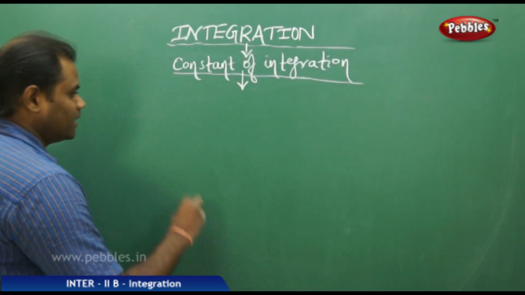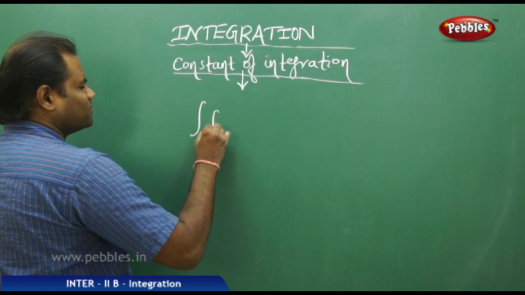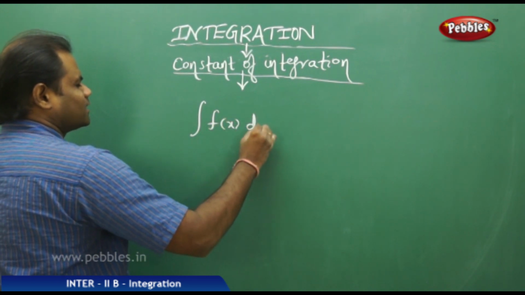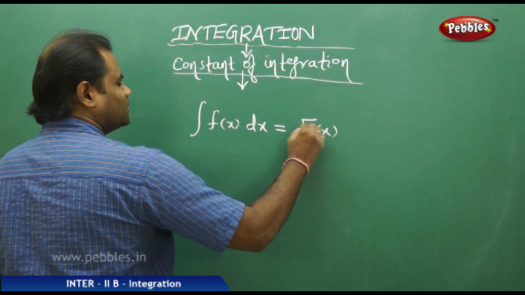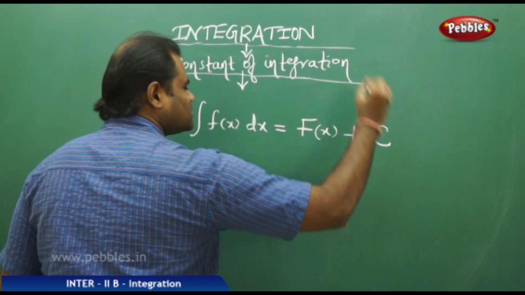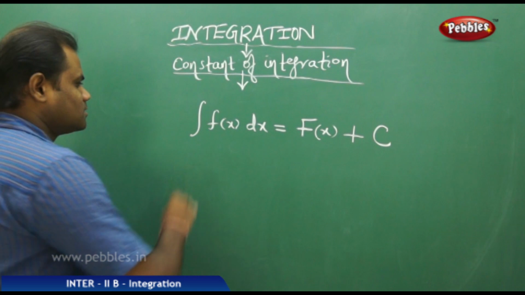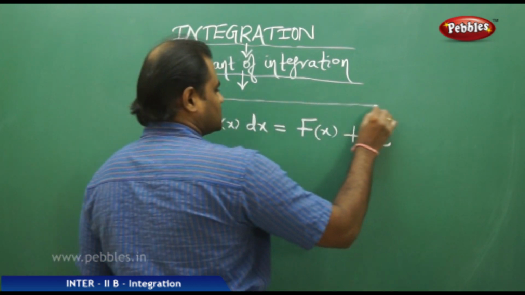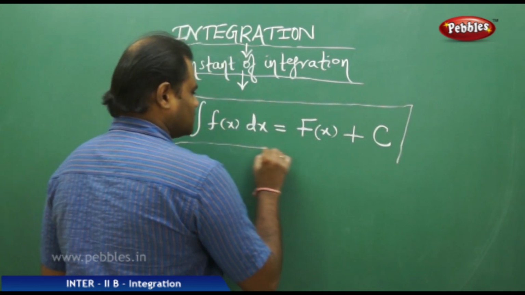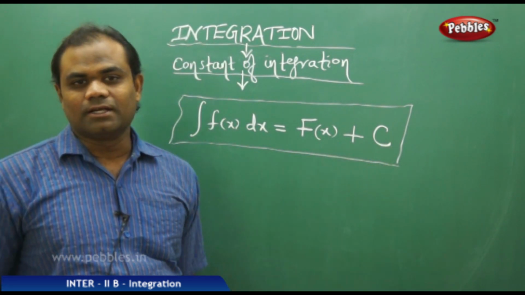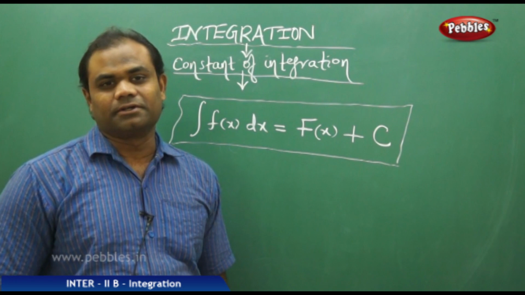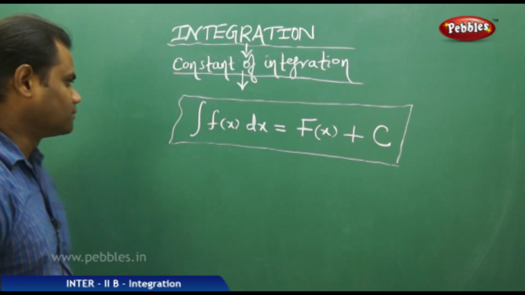Now, as we take the integral of the function f of x dx, it is taken to be some function with c always attached. This is how the formula is taken. But the biggest question here is, why do we need to put plus c for every indefinite integral which is taken into consideration?